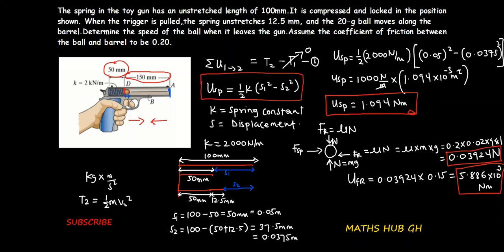We know the mass of the ball to be 0.02 kilogram. So you are going to have T2 equal to 1 over 2 times 0.02 v2 squared. Now let's do the substitution and see what you are going to have.